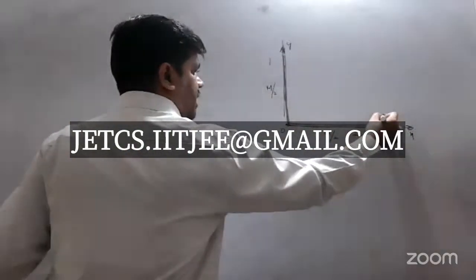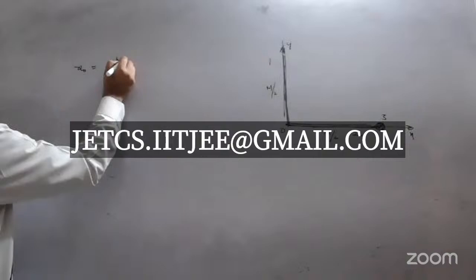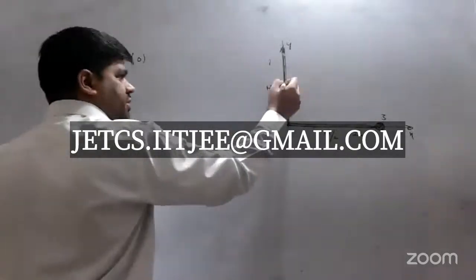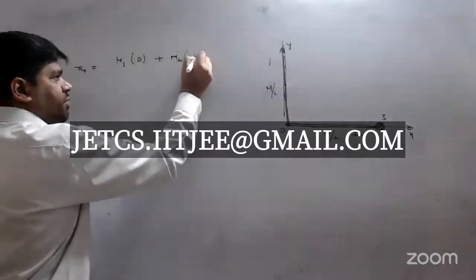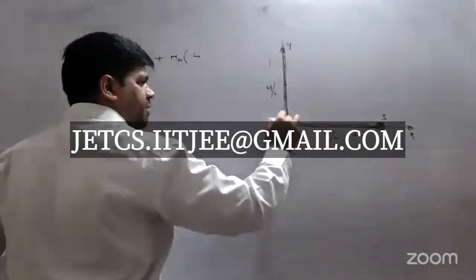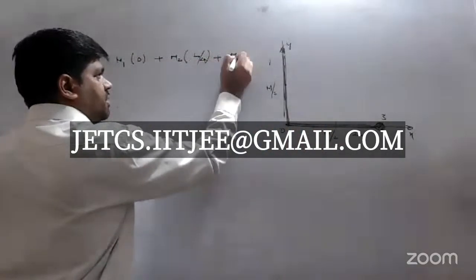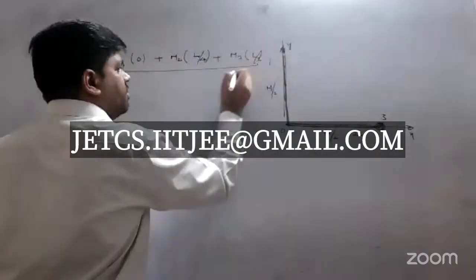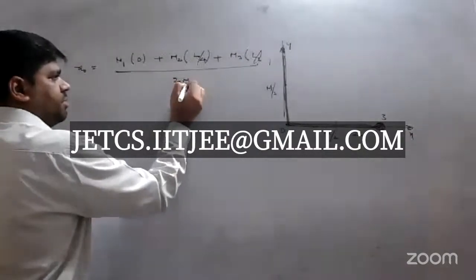Let's say this is 1, 2, and 3. So x0 is equal to m1 x1, which is 0, because the center of mass of this is lying on this line, so its coordinate is 0, plus m2 into L by 2 by 2, so this will be L by 4, plus m3 into L by 2, because m3 is at a distance of L by 2 from the origin, divided by total mass 2m.